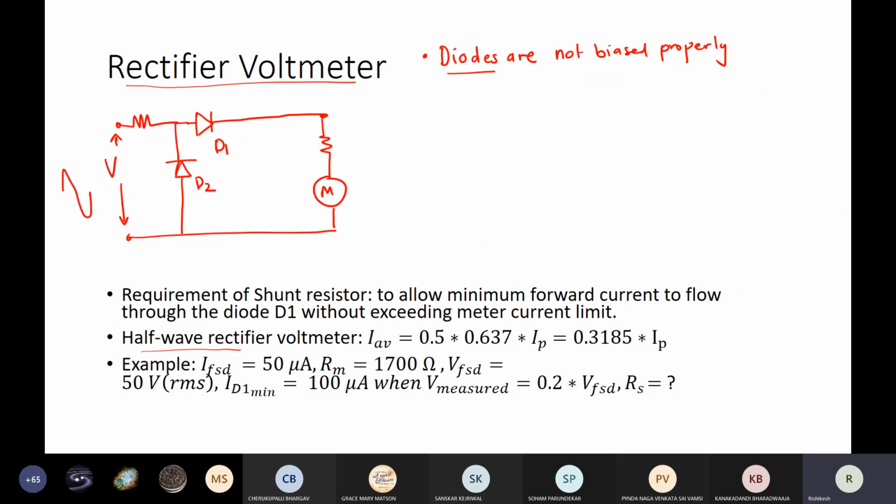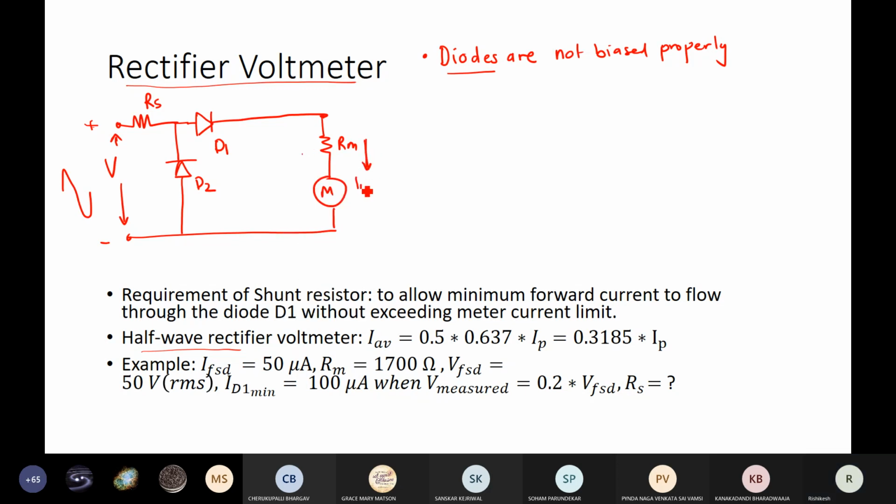Again, it is a sinusoidal voltage. So this is the series resistance, diode D1, and the meter with resistance Rm. Current is flowing through this. Now, how will the pulsating DC current look? In the positive half cycle, this will be positive, this will be negative. So the current will flow through RS, forward biasing D1, and in this direction.